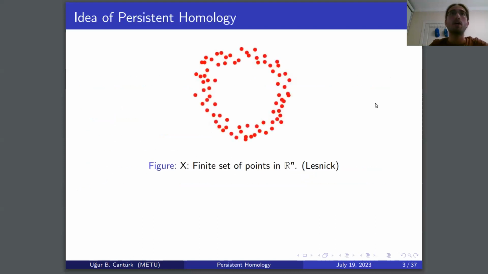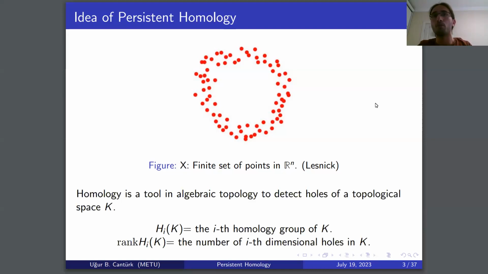Now, let us try to understand the idea behind persistent homology. Let us say we have a discrete set of points in R^n, and we are trying to understand the shape. For example, we can try to understand whether there is a zero-dimensional hole, a one-dimensional hole, etc. Homology is an algebraic tool in algebraic topology to detect holes of a topological space.